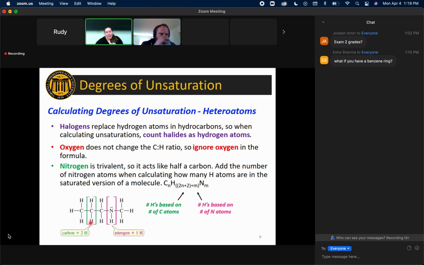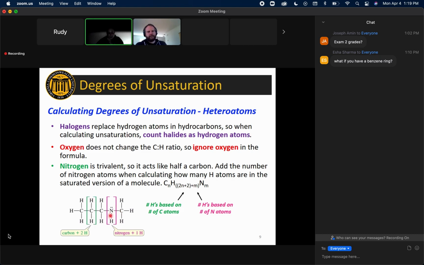I showed you a picture like this when I introduced the generic formula for alkanes. But here I'm showing you why nitrogen brings in 1 hydrogen. So if we look at a carbon atom in the middle of the chain, that carbon is going to use 2 of its bonds to continue the chain in both directions, right? And the other 2 of its bonds are going to be to hydrogen atoms if we're talking about a saturated chain.